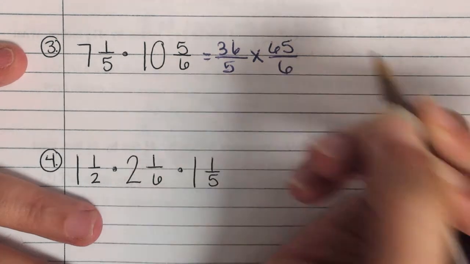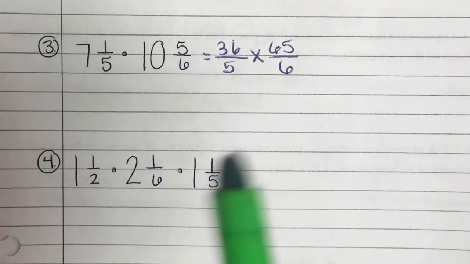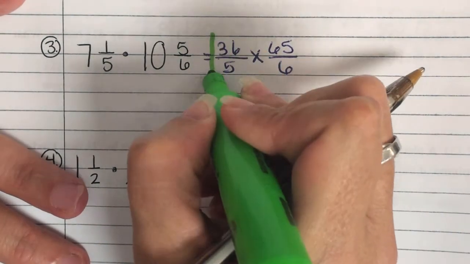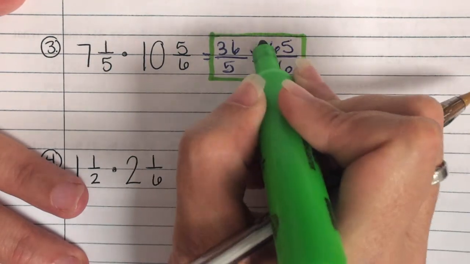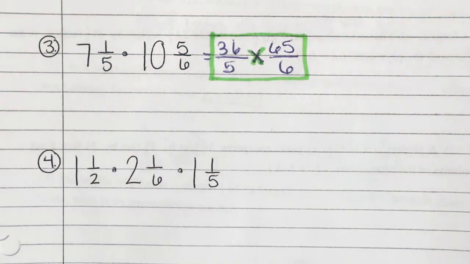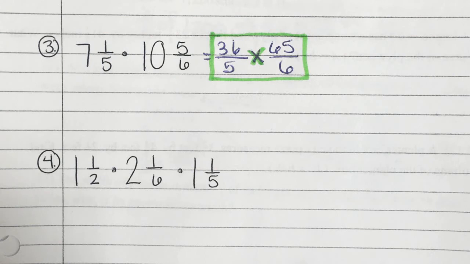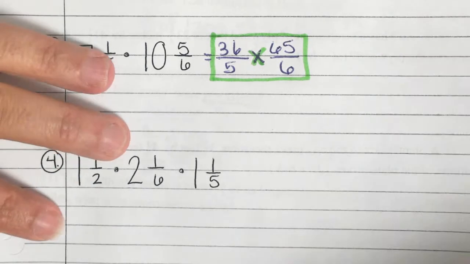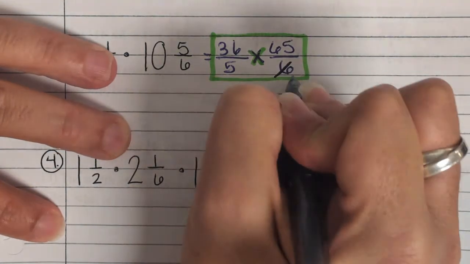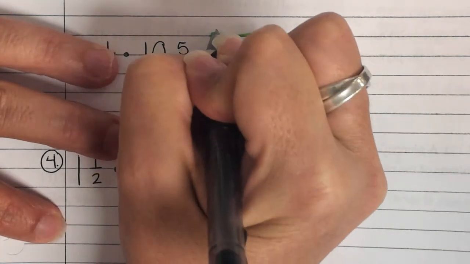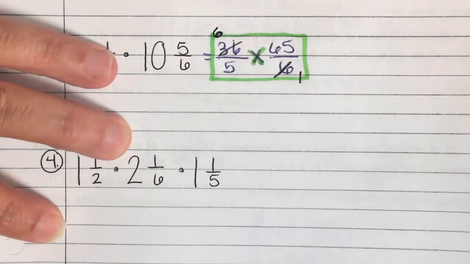So start out with, did you make it to these fractions? These original 36/5 times 65/6. Okay, what simplifies here? Okay, so 6 is 1, 6 is 6.